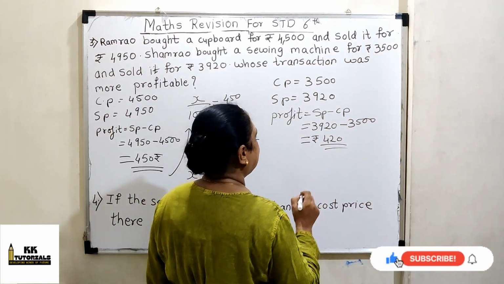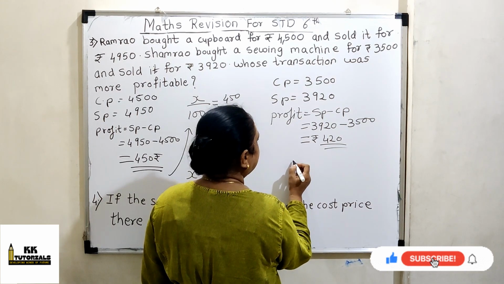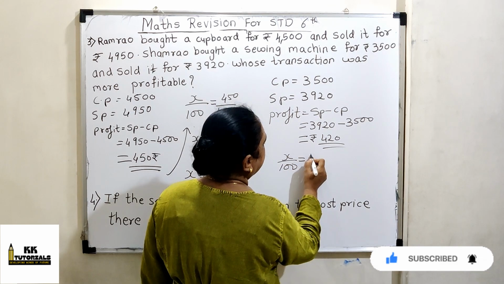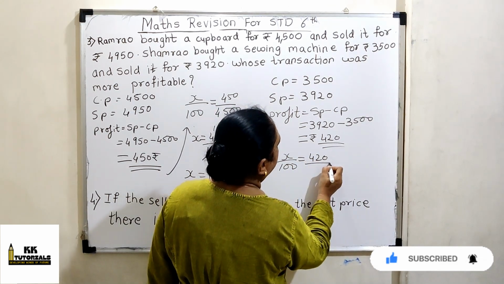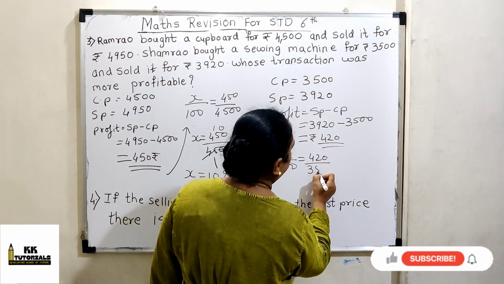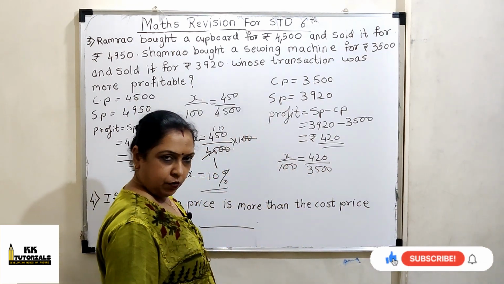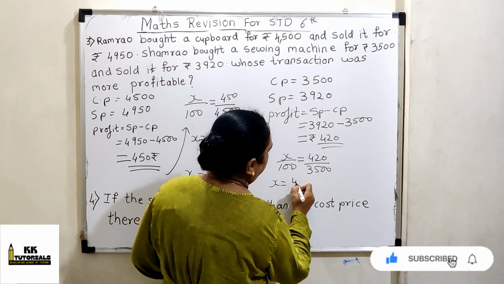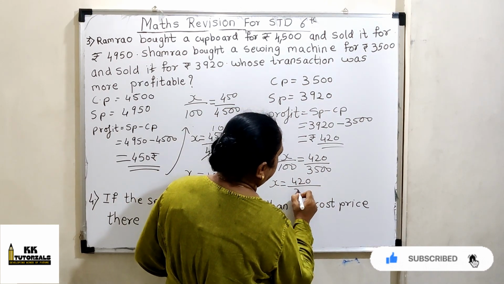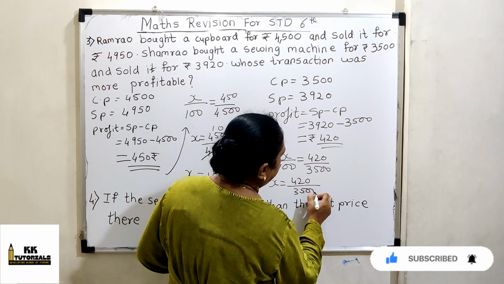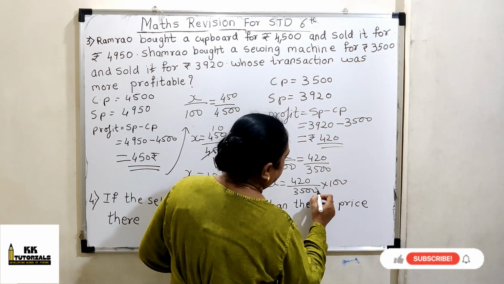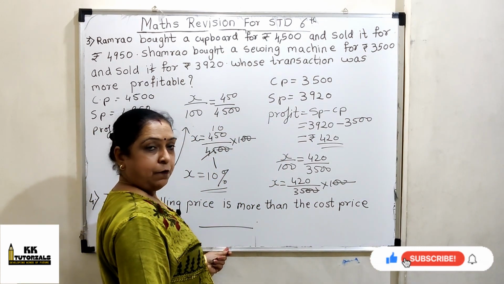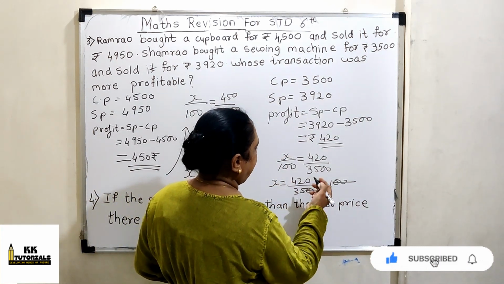Now we have to find out the percentage. How will we find out the percentage? x upon 100 is equal to 420 upon 3,500. Now x is equal to 420 upon 3,500 multiplied by 100. These 2 zeros will get cut with this 0. Now here it is 35 and it is 420.